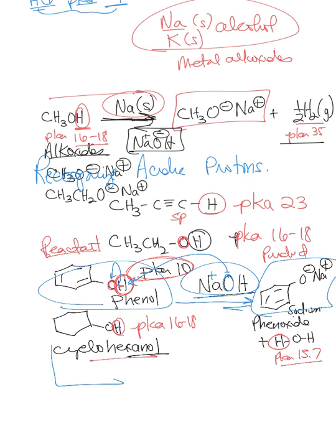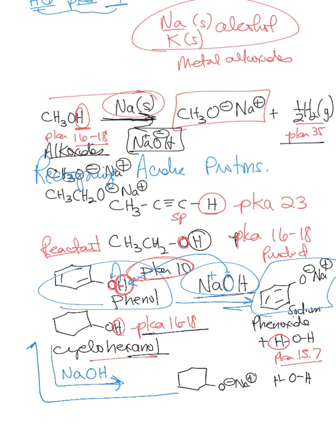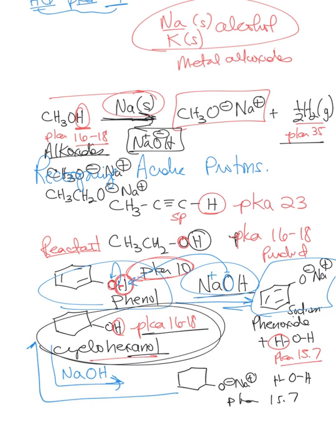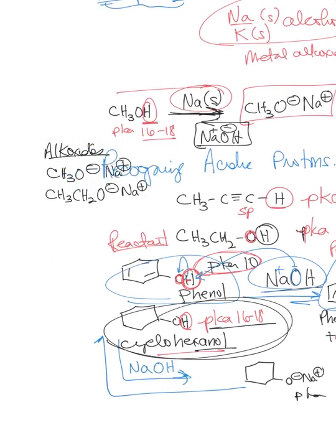Now, if you do cyclohexanol and you throw in sodium hydroxide, you will find that it is not going to go so well. If you have that there and water, you're comparing a 16 to 18 to a pKa of 15.7. So you're going to have more of the cyclohexanol than you would the alkoxide.